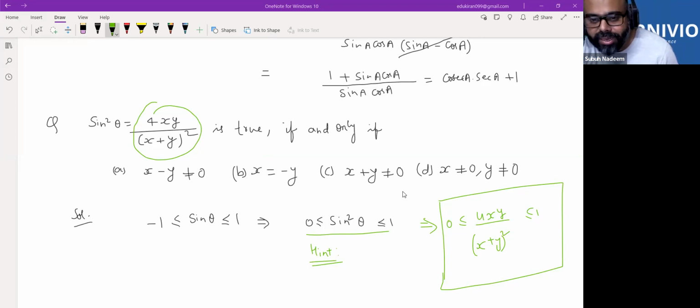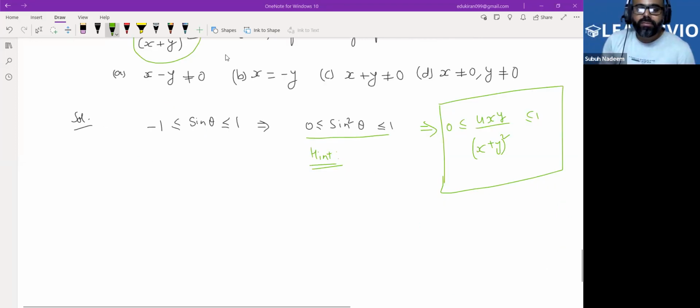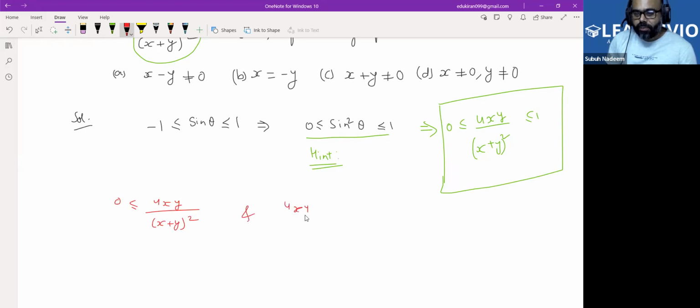Yes, how will we proceed after this? So one thing is that we have two inequalities. 0 is less than or equal to 4xy by x plus y whole square, as well as 4xy by x plus y whole square is less than or equal to 1.